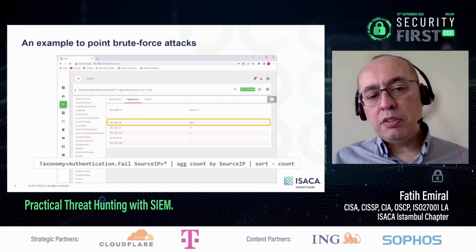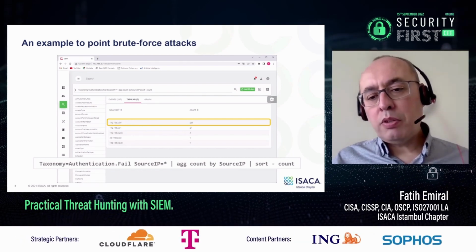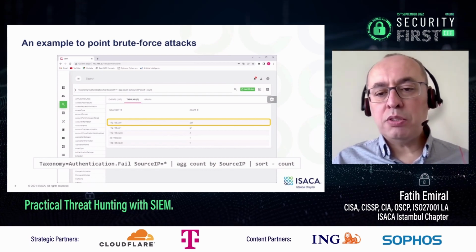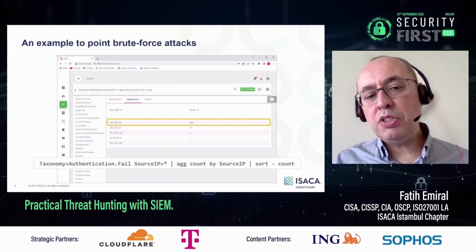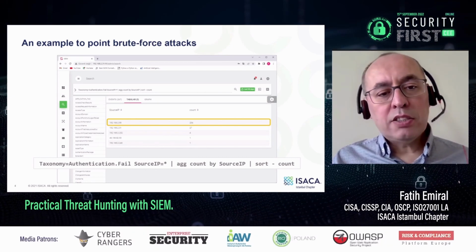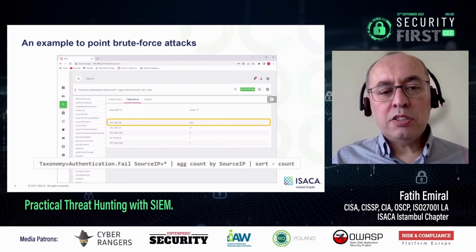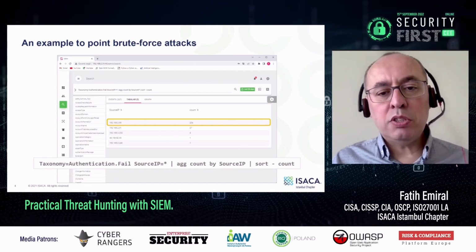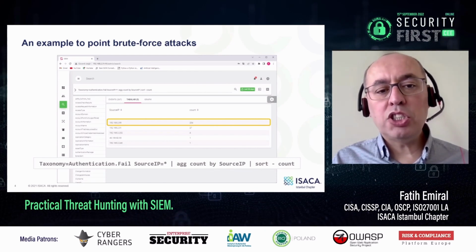The rest of the query focuses on the numbers of failed authentication attempts grouped by source IPs, and I'm sorting them in descending order, and some IP ending .99 is quickly coming into the picture with the highest number of failed authentication attempts.